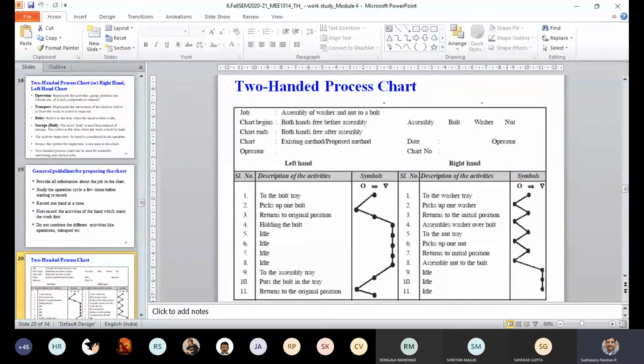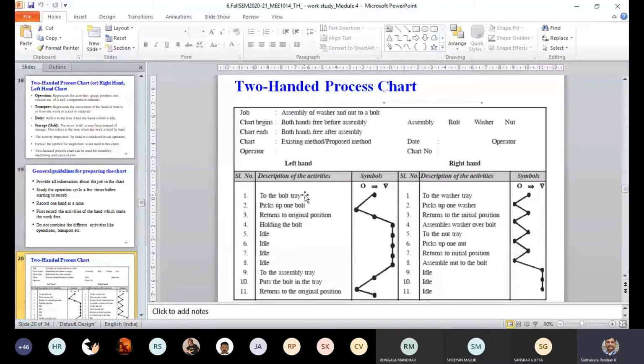What you are going to assemble is bolt, nut and washer. All are in different trays, whereas one empty tray is there. After assembling, you should put the finished product in that empty tray.